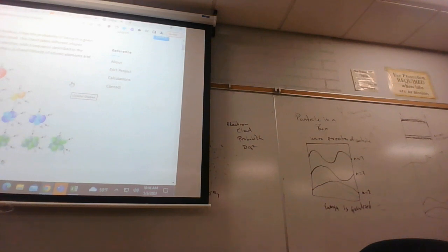And so in this case, we get a continuous spectrum. It's a continuous spectrum because the electron has a huge box, which is the piece of metal.